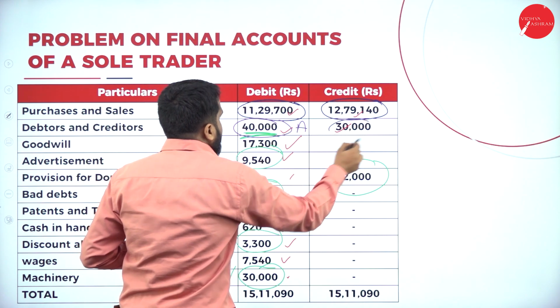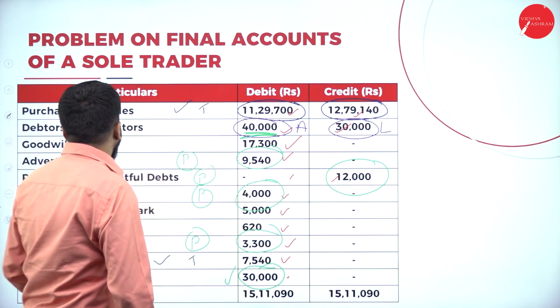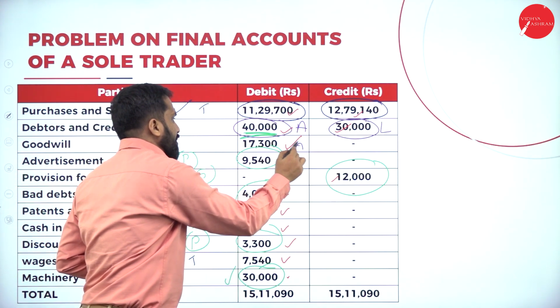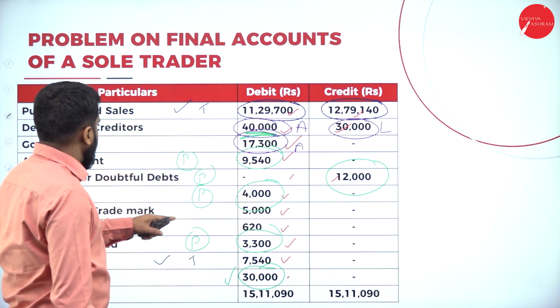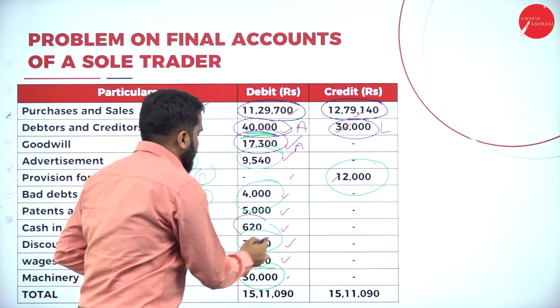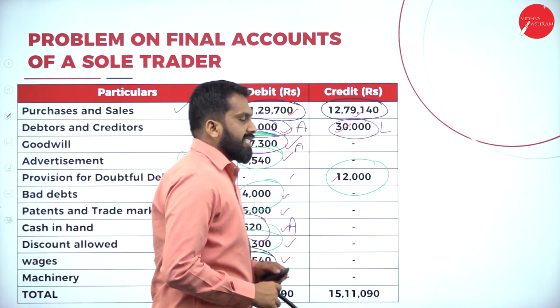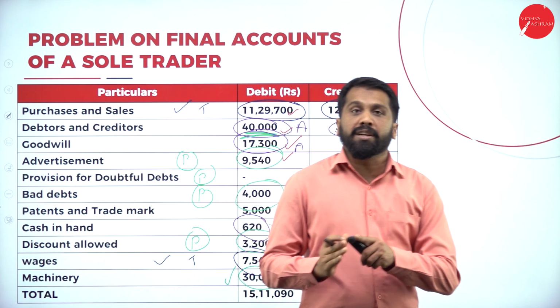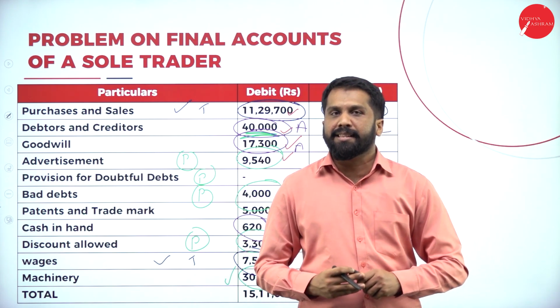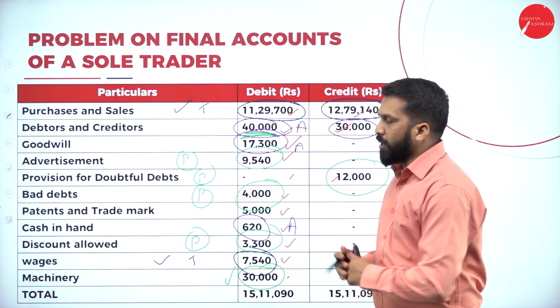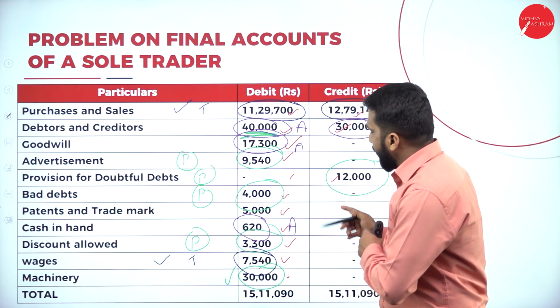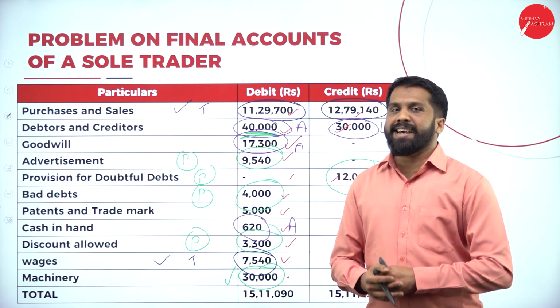Debtors asset, creditors liability. Goodwill asset. Is there anything? Yes. Cash in hand asset. Wages is over. These are the information we have. We are doing only asset as well as liability. If it is in the debit column, it is asset. If it is in the credit column, we call it liability.